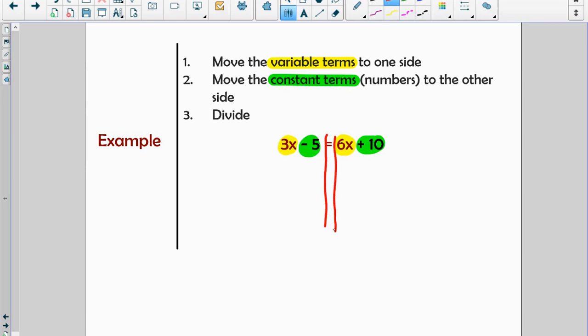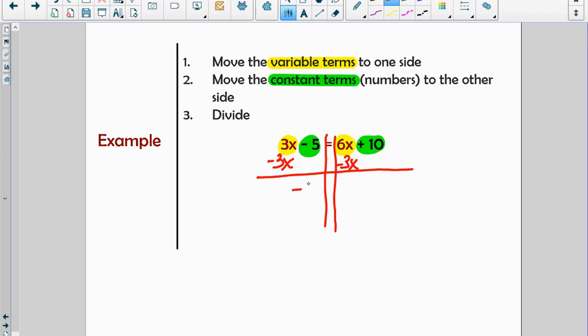So we had 3x minus 5 equals 6x plus 10. If I wanted to move something, I can move a term by adding it or subtracting it, depending on what's going to make it zero out. If I wanted to move 3x to the other side, because it's a positive 3x, I would need to subtract 3x from both sides, making sure to line up the like terms.